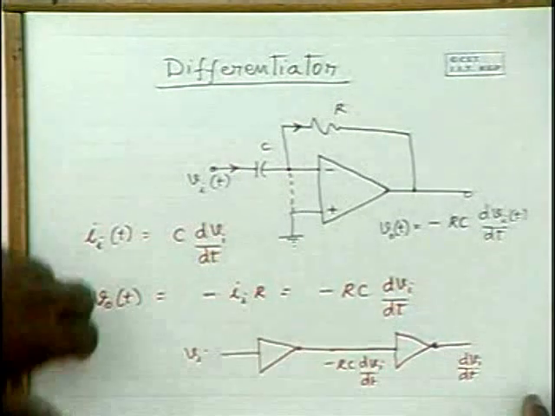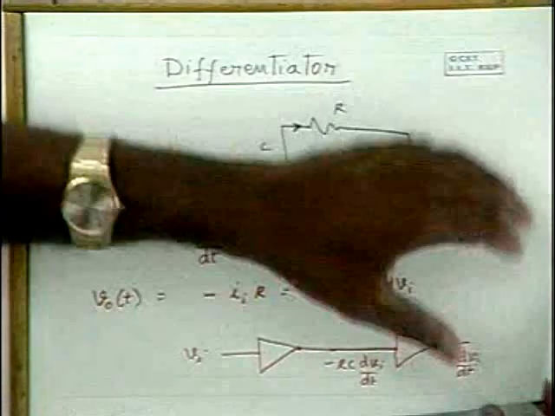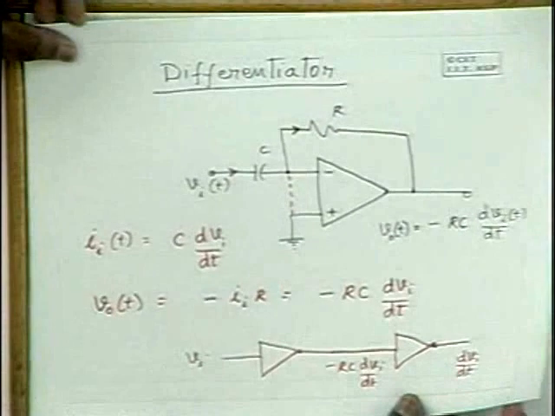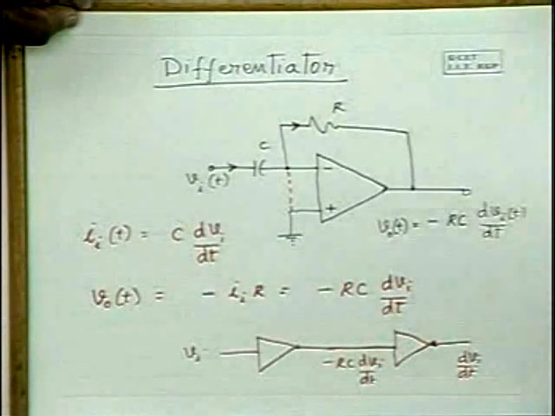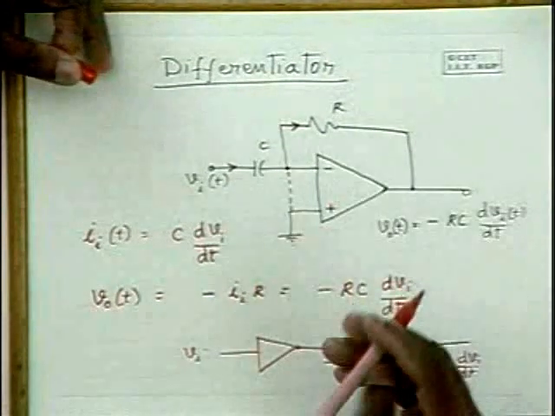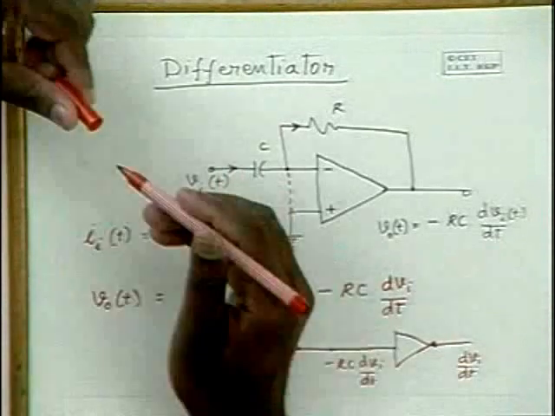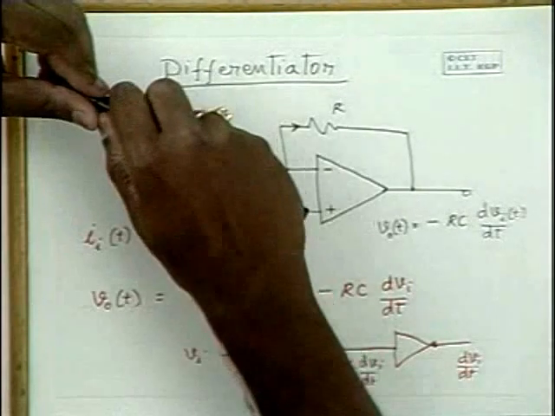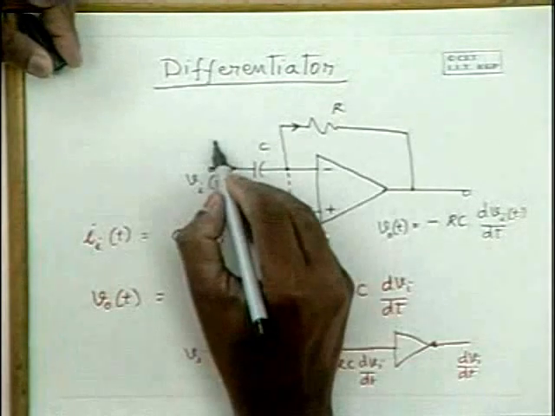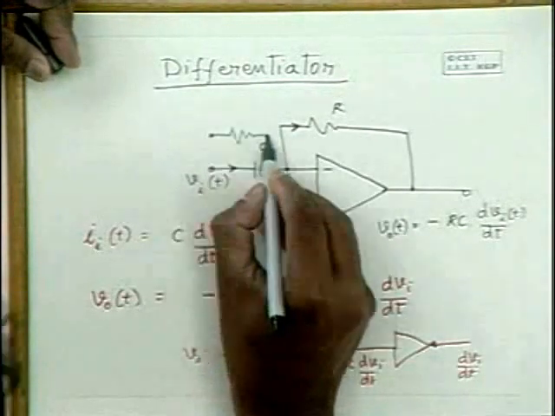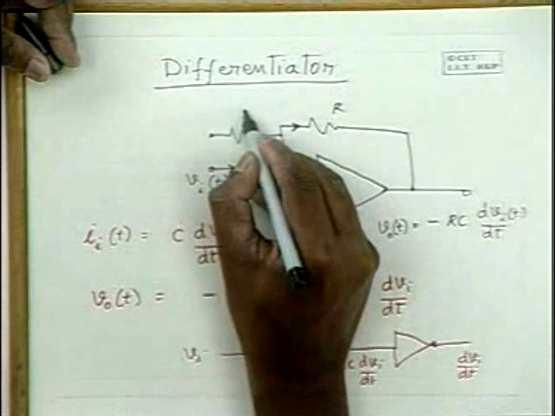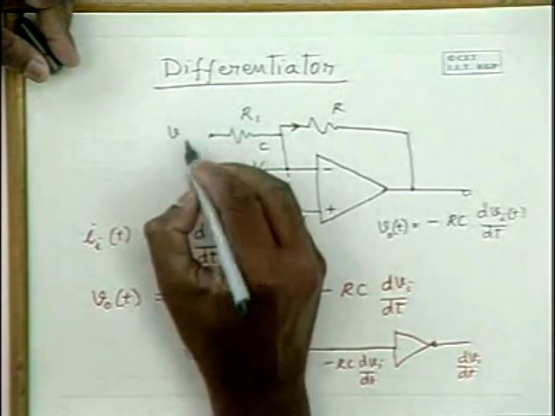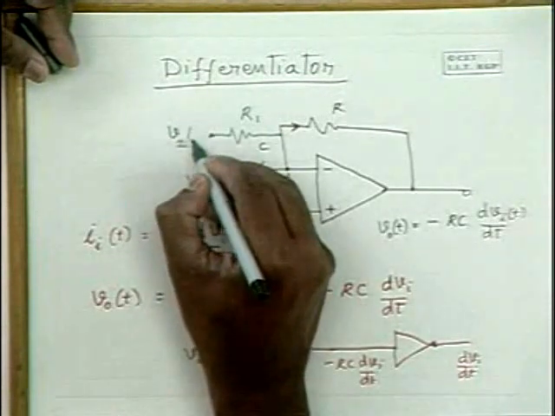Now we can have combinations of these and have different versions of amplifiers. Say in this particular example, I introduce a resistance here with value equal to R1, and I apply a voltage V2(t).